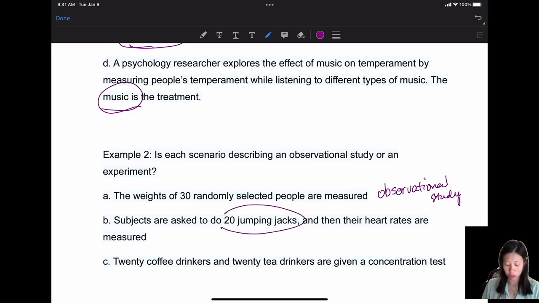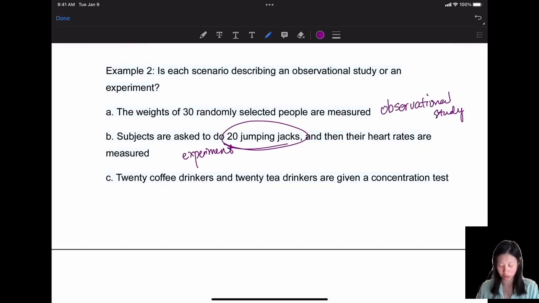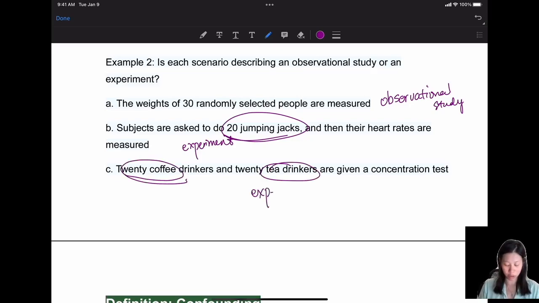So the treatment is the jumping jacks. So this is an experiment. Next one, 20 coffee drinkers and 20 tea drinkers are given a concentration test. So you're trying to measure the concentration, but the treatment is coffee drinking versus tea drinking. So this is an experiment.